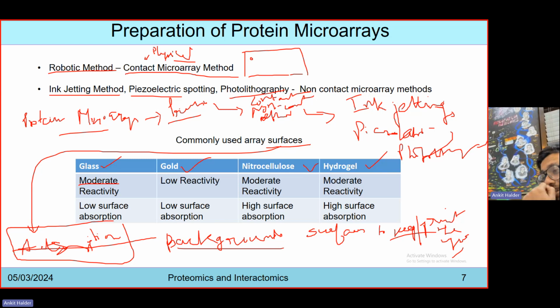Among these, nitrocellulose and glass slides are mostly used for further analysis.